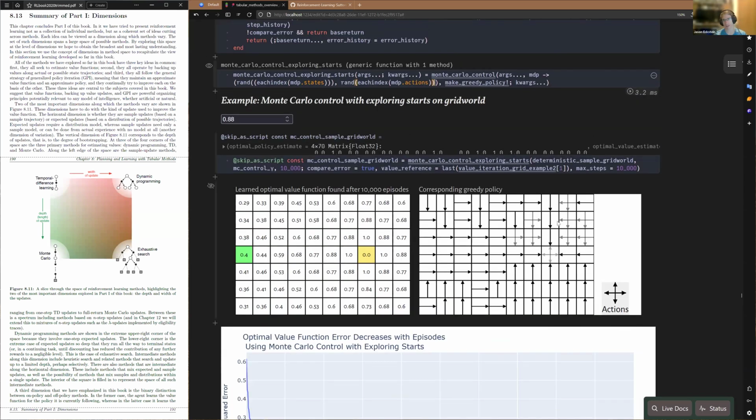Now you can see, unlike the other method, this is the optimal value function, and from here going right is the optimal action. But if you recall from earlier, going down here is also optimal. So the difference is that this method isn't as precise. You're not guaranteed to get the same precision of knowing that right and up are identically good.